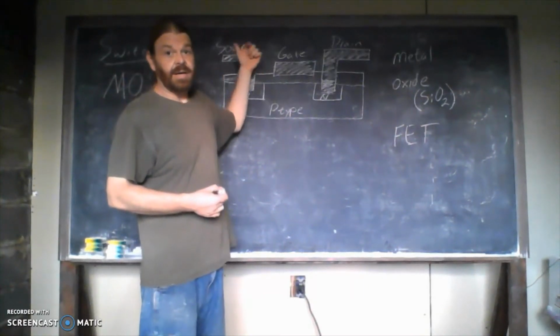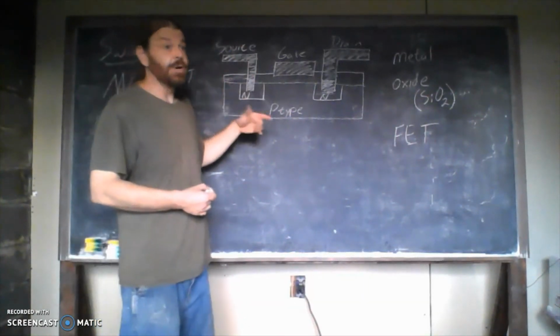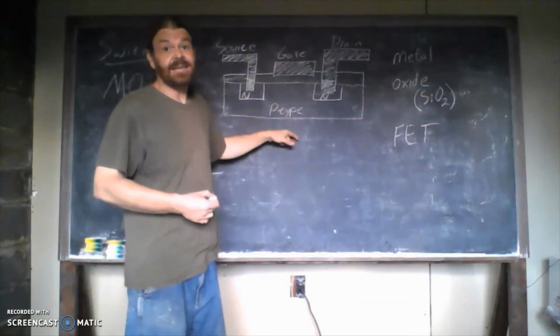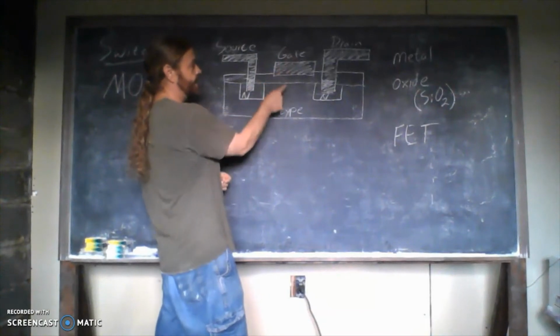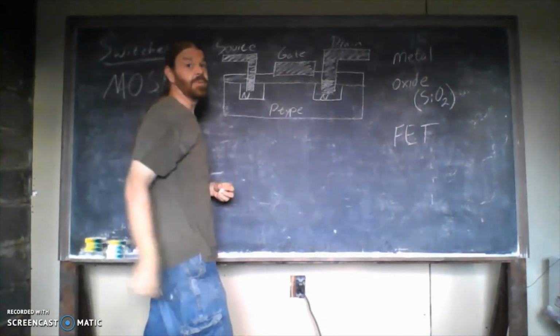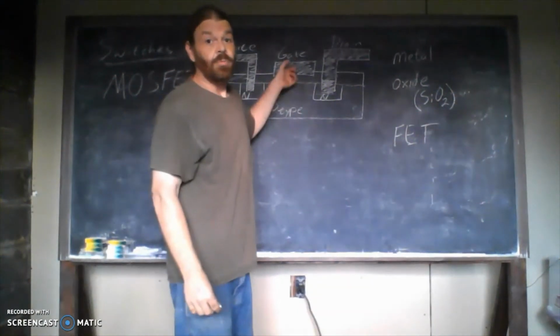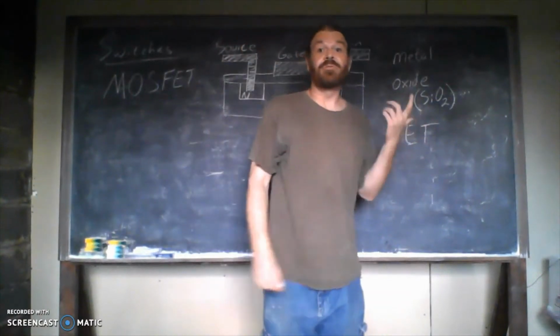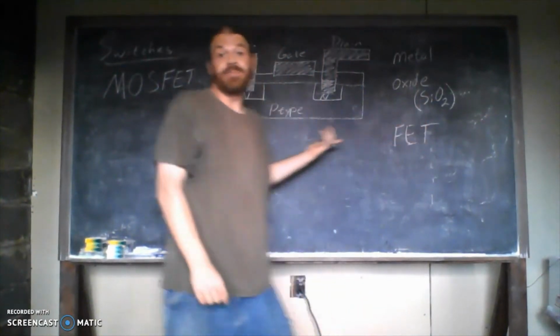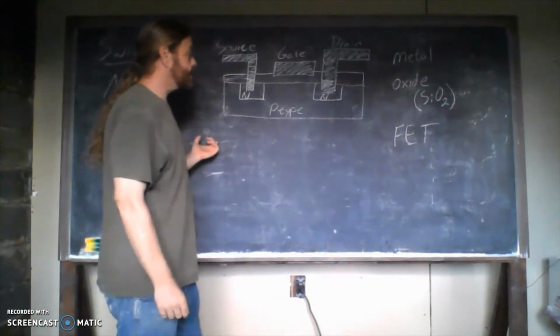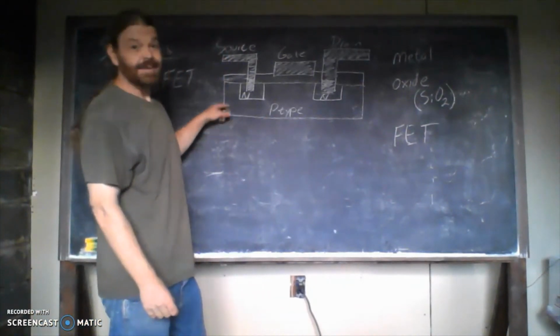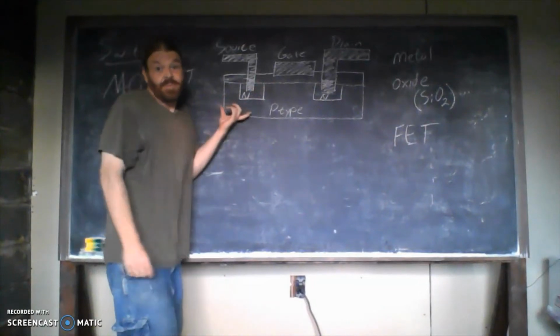That's why it's bipolar junction. The current controls it because the electrons actually flow into the P-type silicon. Whereas here, the gate does not make contact with the P-type silicon, so we're controlling it with the voltage. Hence, field effect transistor rather than BJT. That's kind of the idea of that.